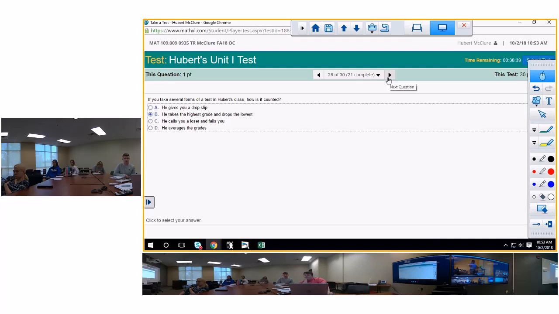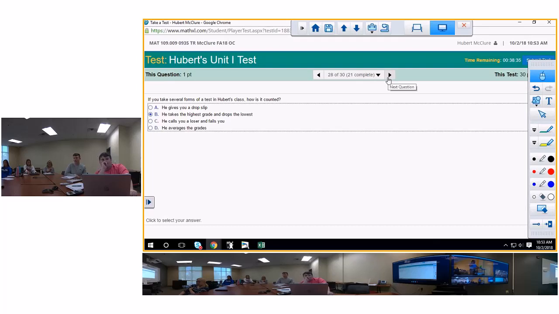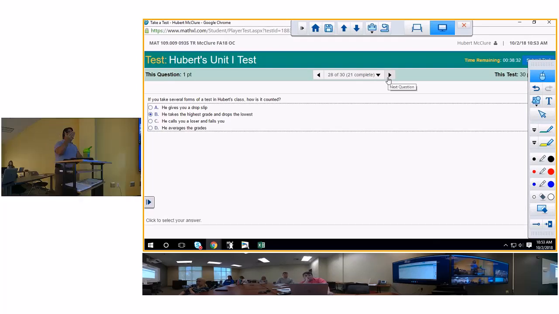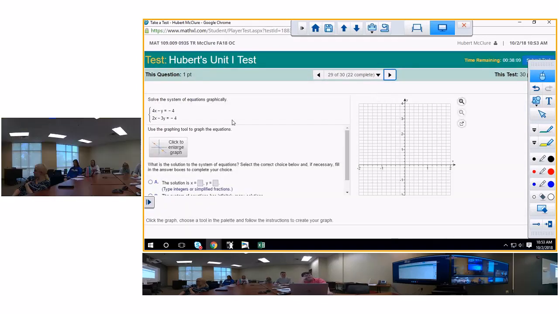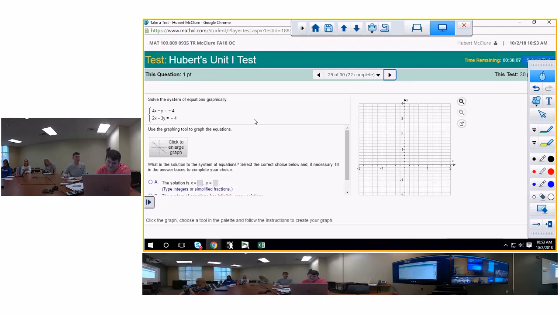A 0, right? And what if you don't take the third attempt? A 0. So you have a 98, a 0, and a 0. What is the computer going to do? Give you 98. It's a miracle. Average, 98.